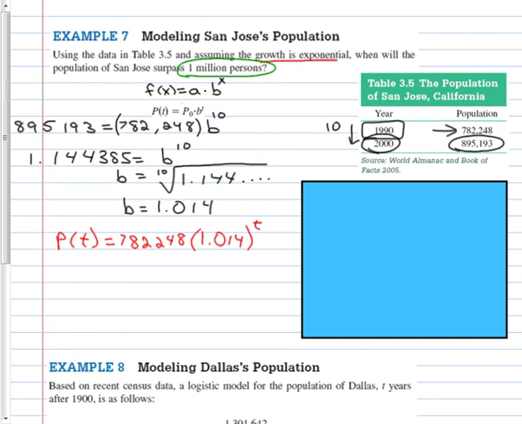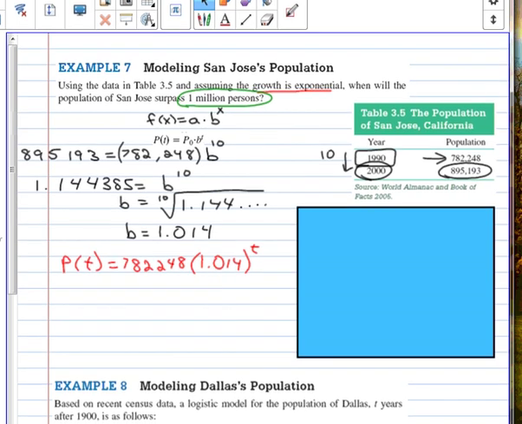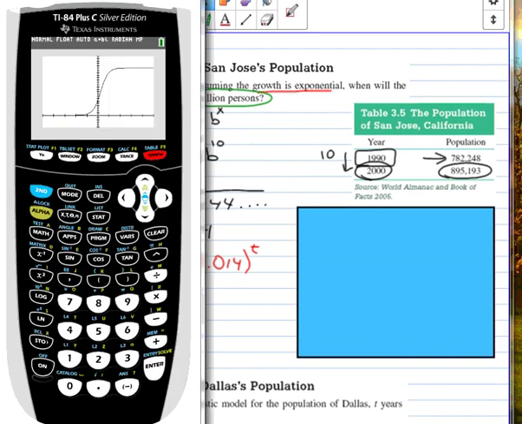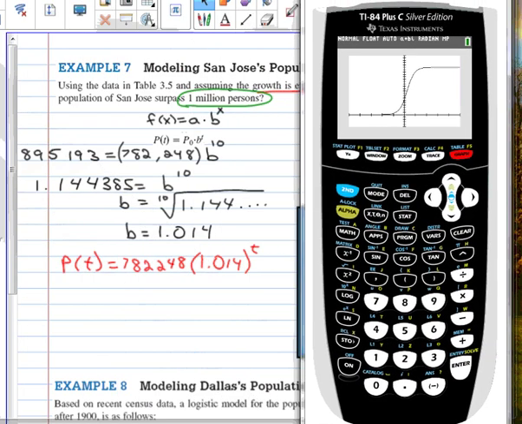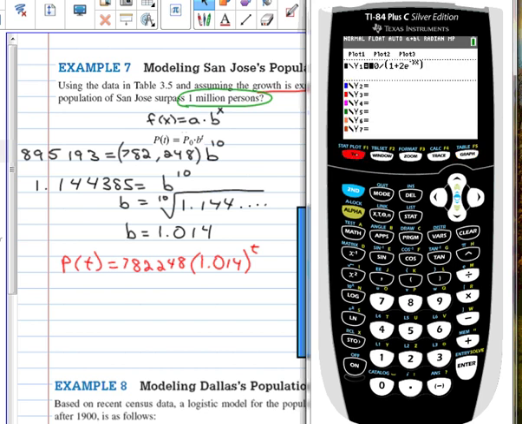Instead of saying equal to 1 million, let's go to our calculators and see if we can't let our calculators help us out on this one. So let's graph this equation. 782,248.